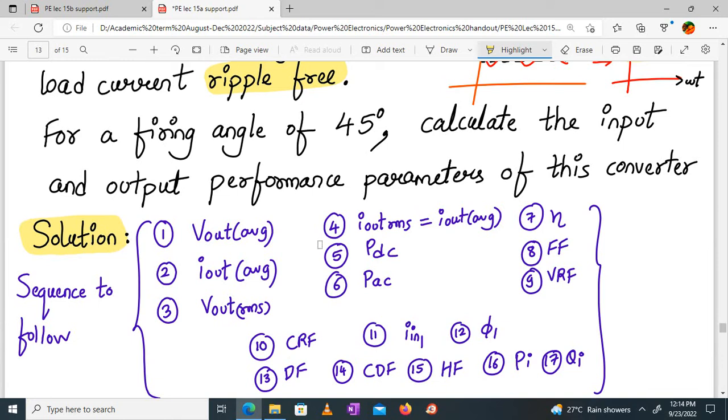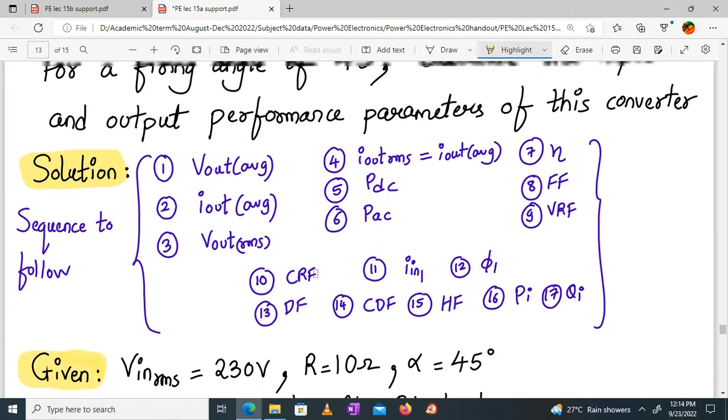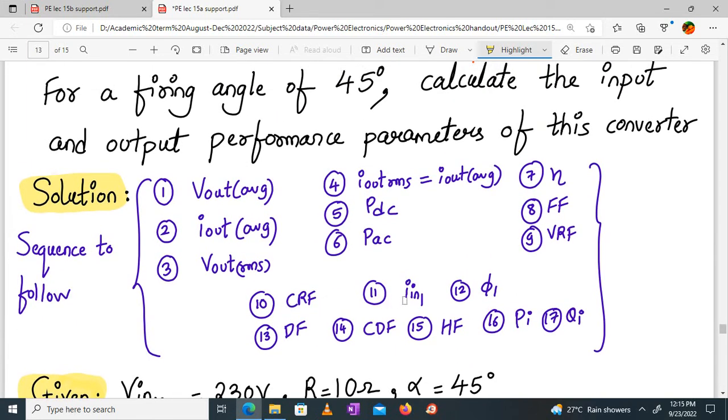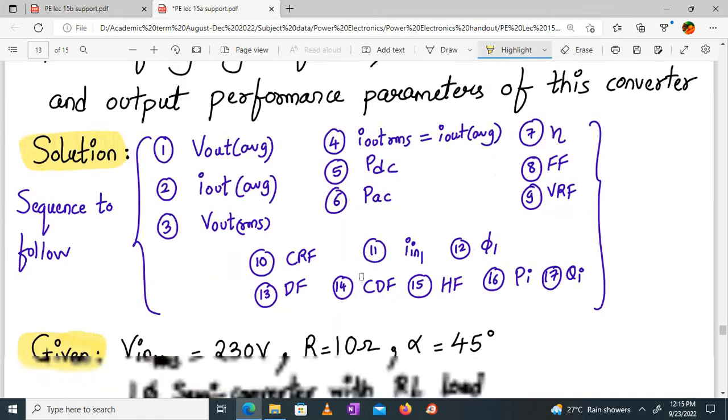Then you calculate PDC, PAC, eta rectification efficiency, form factor, voltage ripple factor, then current ripple factor, In of 1 which is the fundamental component of input, then phi 1, the displacement angle, DF the displacement factor, CDF, harmonic factor, PI and QI.